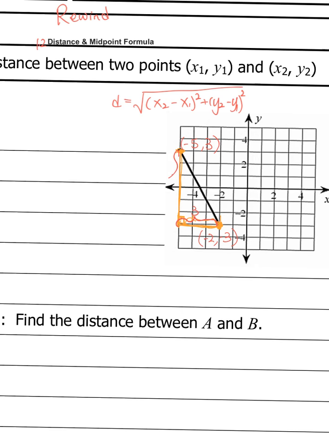And if I use the y coordinates, y2, which is -3, minus y1, which is +3, I should have -6. So this distance is about 6 units. And if I use my Pythagorean theorem, I can find out what the distance of that solid black line is, and that's my answer for this, right? After all, I'm looking for the length of that line, in other words, the distance between point A and point B.